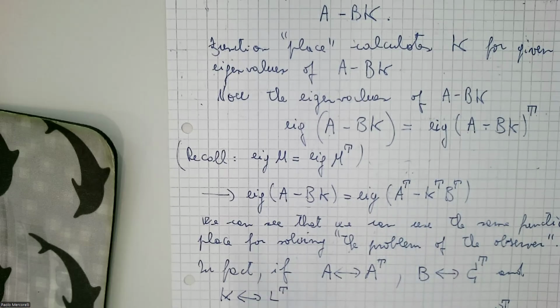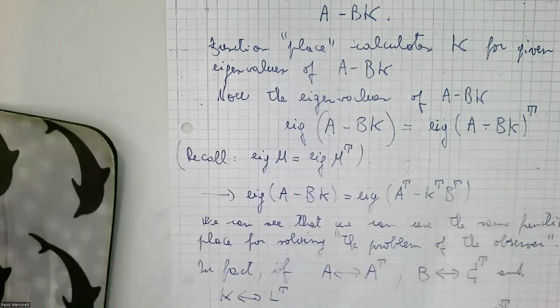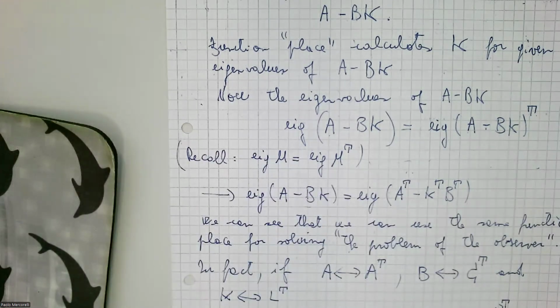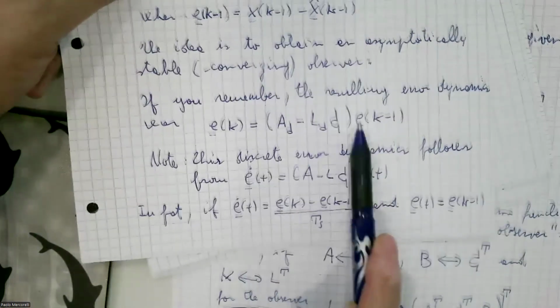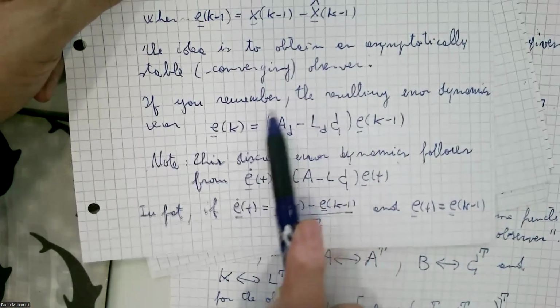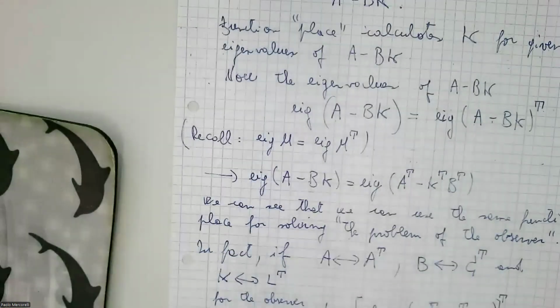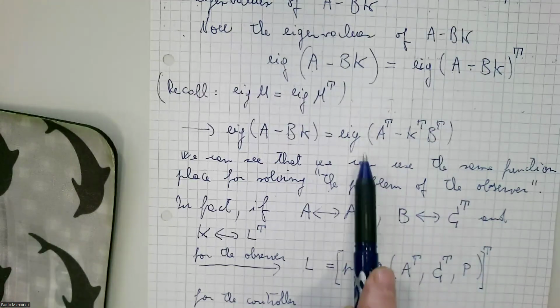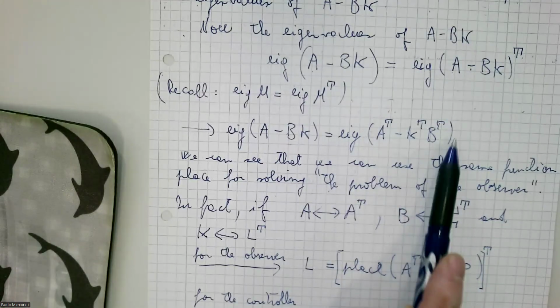Let me show you again this. But the concept of the placement is there. I have to place the eigenvalues of this expression, which is equivalent to placing the eigenvalues of this expression.